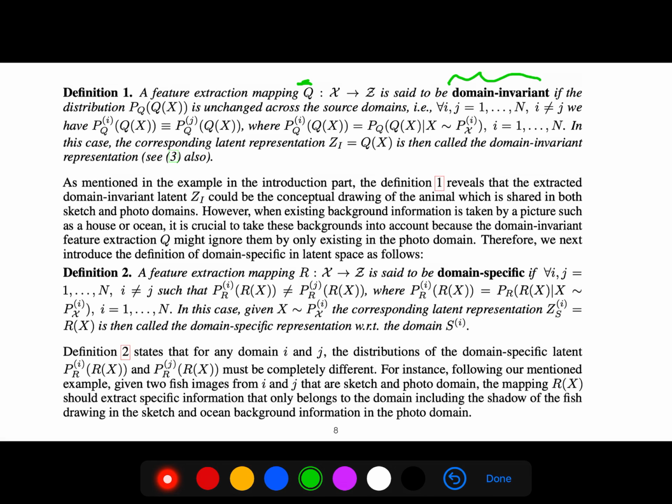Another definition: a feature extraction mapping R is said to be domain specific if for any i and j, the probability of R in domain i and domain j is not equal.